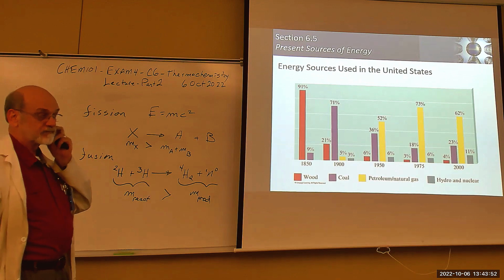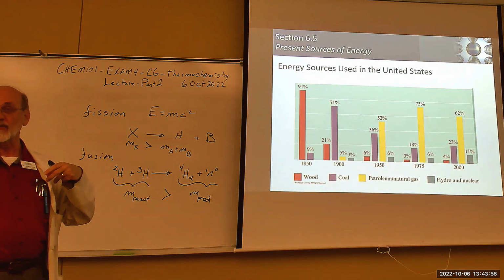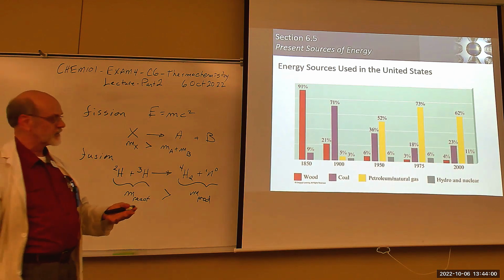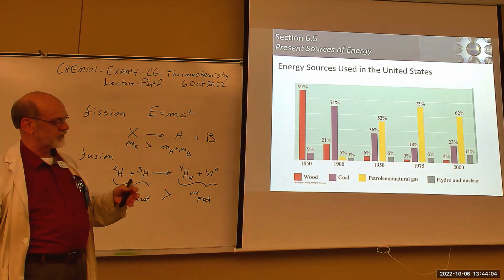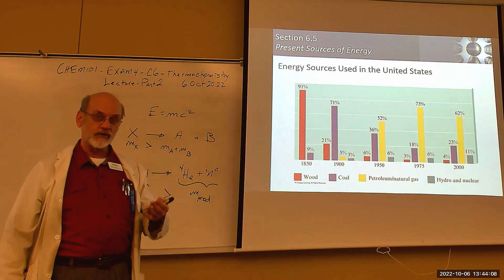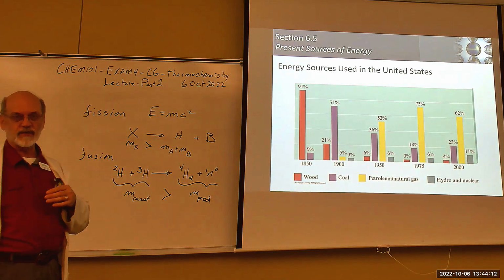And by the way, if you have anybody that's standing up in your face and arguing with you about global warming or global climate change, and they're talking about carbon dioxide emissions and all these gases we're putting in the air because of burning fossil fuels, ask them what their position is on nuclear power. If they're against nuclear power, then you have my permission to call them a liar.